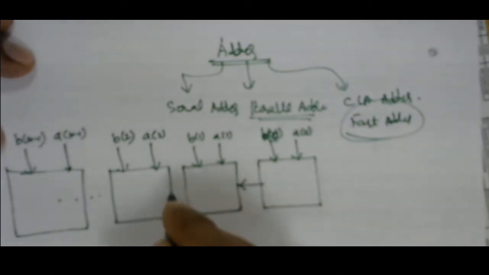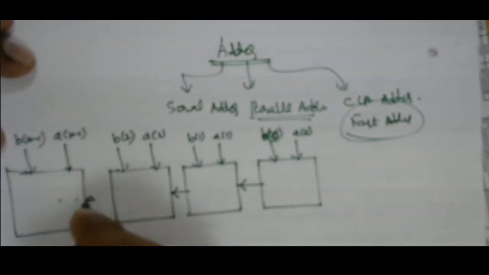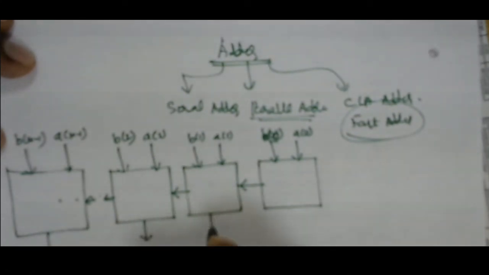Then the carry will come here, that carry will propagate. So finally I'm getting S of 0, S of 1, S of 2, S of n minus 1. Then finally, the final carry, C of n, will come out here, right?